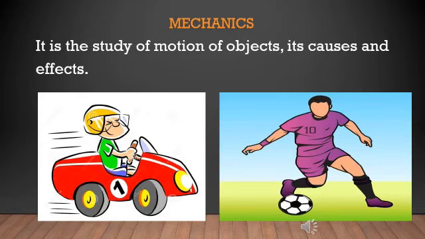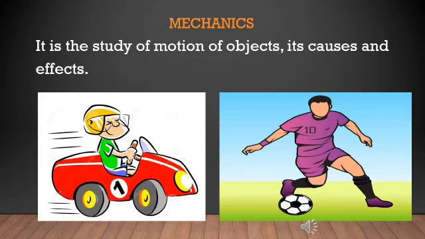In order to understand this definition, let me give you some examples which will clear our concept. For example, if a car is moving on the road, it means that the car is in motion. Now, the point arises here, why is the car moving on the road?